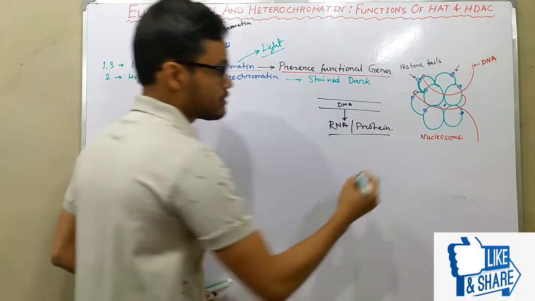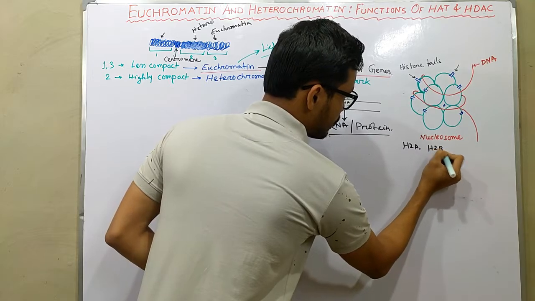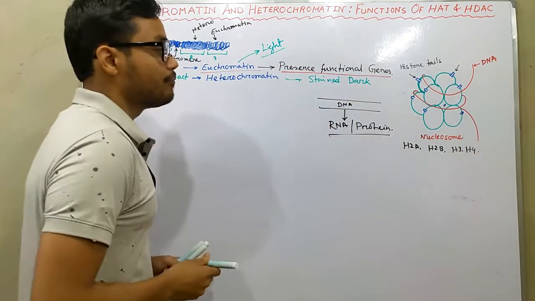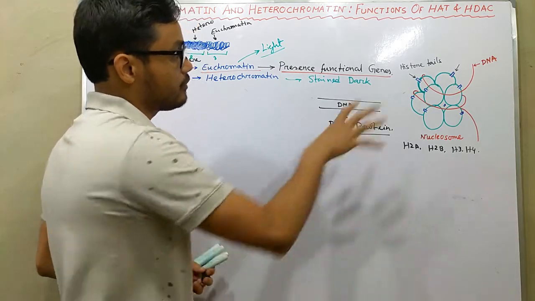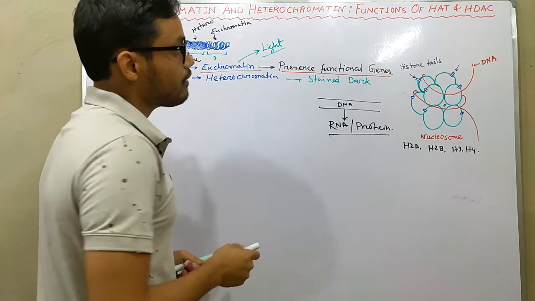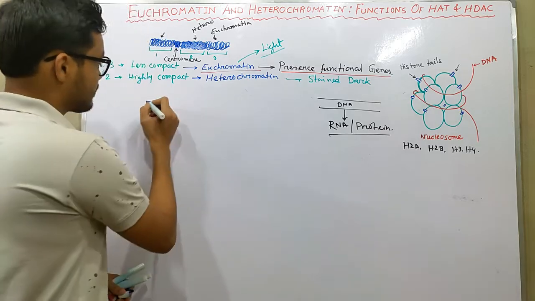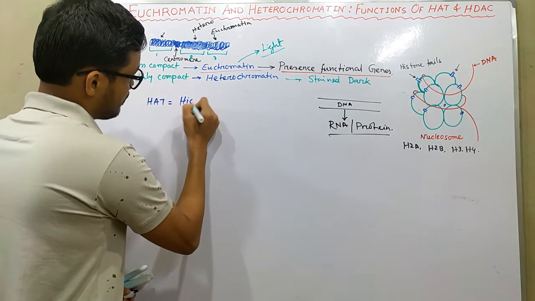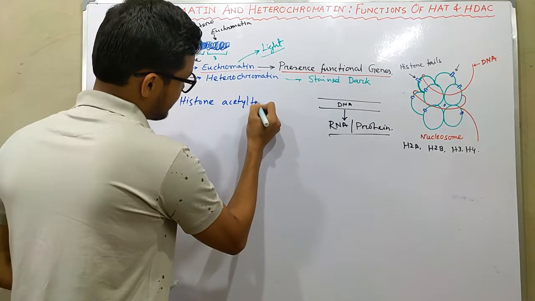All of the histones, like H2A, H2B, H3 and H4, are provided with those histone tails. So first thing, HAT comes into play. HAT stands for histone acetyltransferase.